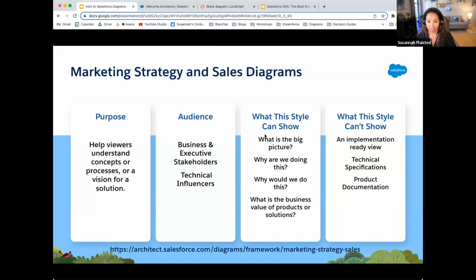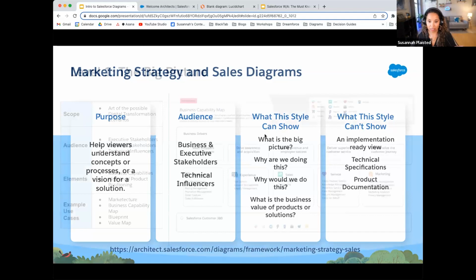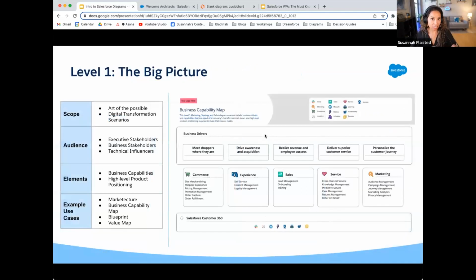So within this style, there are 4 different levels. And actually within both of our styles, there's 4 different levels. And we'll just go through these. We're going to breeze through these really quickly, but this is an example of a level 1 marketing, sales, and strategy diagram. So this is a business capability map. And there's a question in the chat about who is a business capability map for.